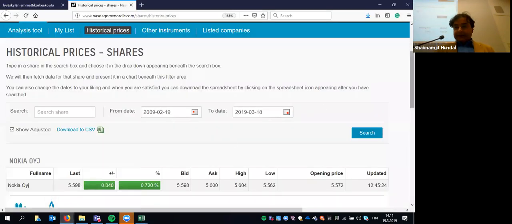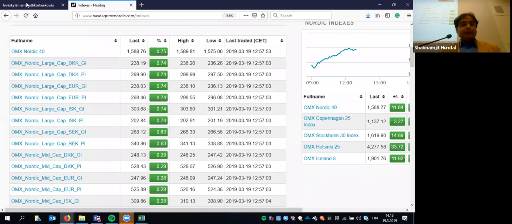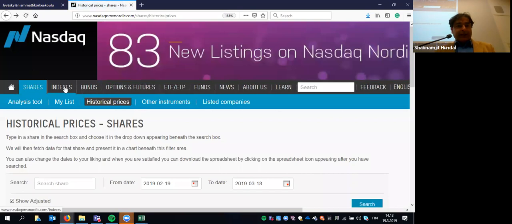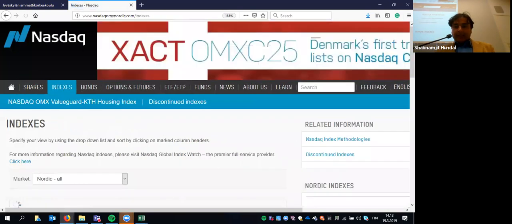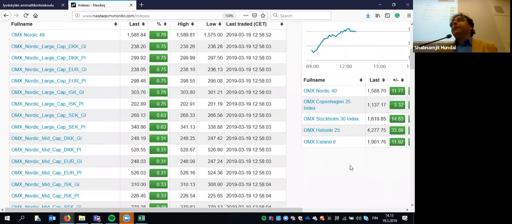After all, I have to compare Nokia's stock return. So I go to the indexes, and here you can see that there are multiple indexes like OMX Nordic 40.